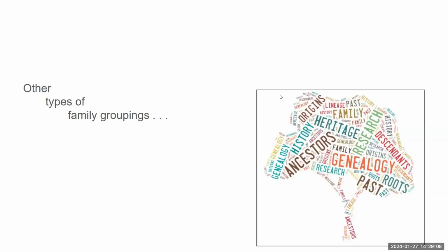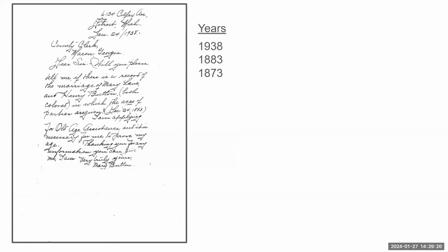Now, I do other types of family groupings besides individuals. And I'm going to show you one, starting with a paternal great-grandmother. My paternal great-grandmother, Mary Button, wrote this letter to the county clerk in Macon, Georgia.